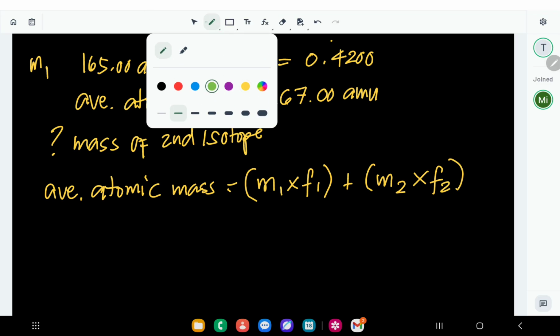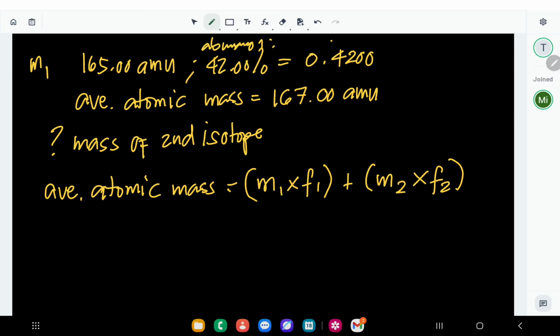But first, we need to solve for the relative abundance of the second isotope, which is 100% minus 42%, which is 58%. Converting to decimal, that is 0.58.